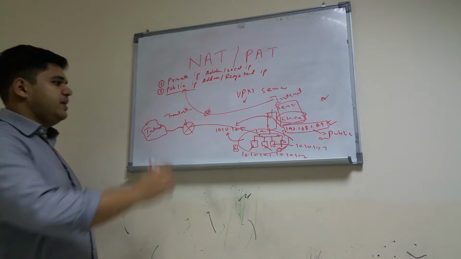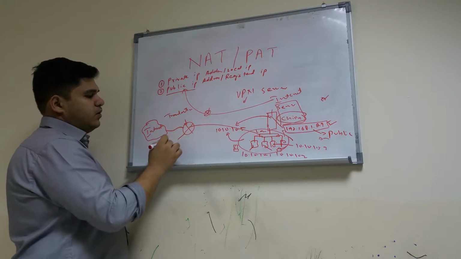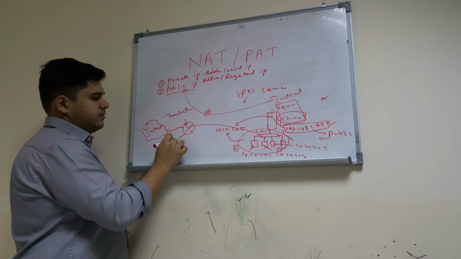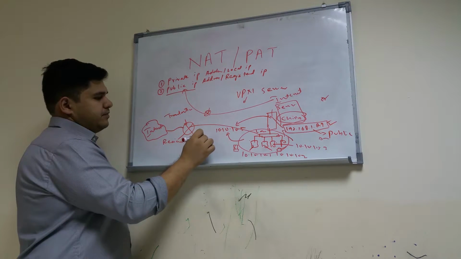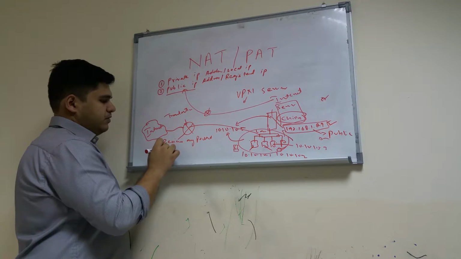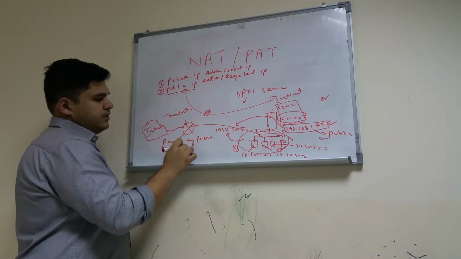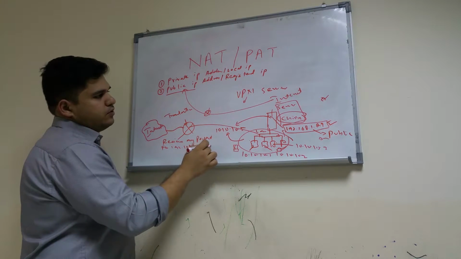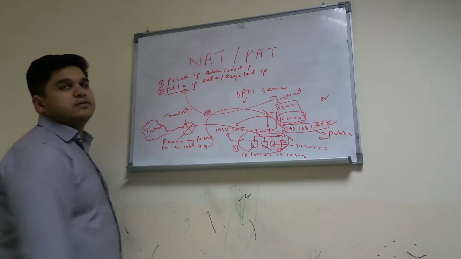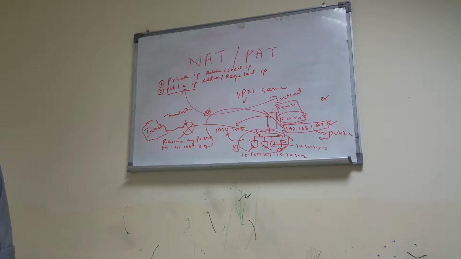That translation means if the router receives any packet for 192.168.1.29, then it forwards it to this VPN server.